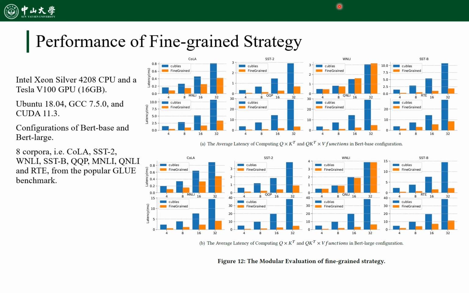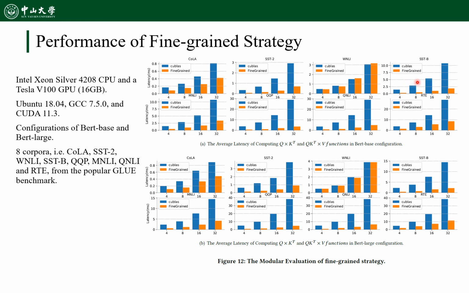Typically, comparing WNLI with SST-B, as WNLI uses a smaller fixed sequence length than SST-B, the latency of the cuBLAS strategy is much lower than that of SST-B. However, the latency using the fine-grained kernels is similar to that of SST-B.